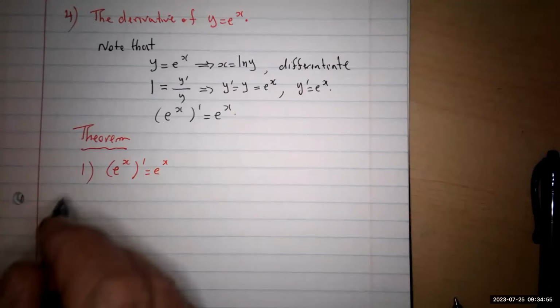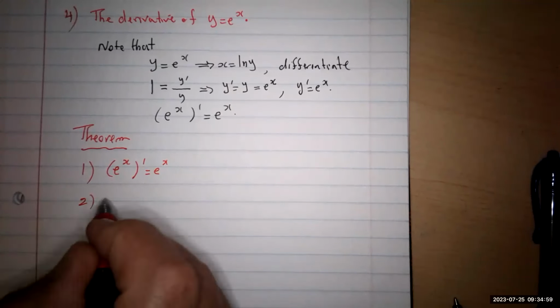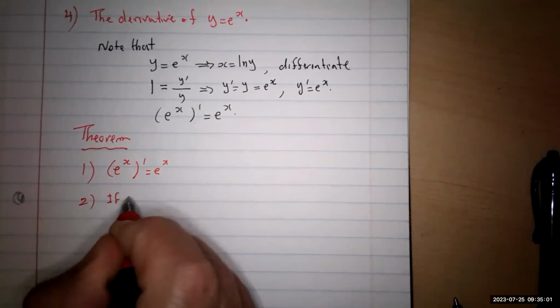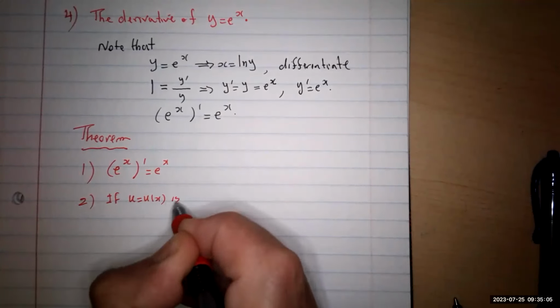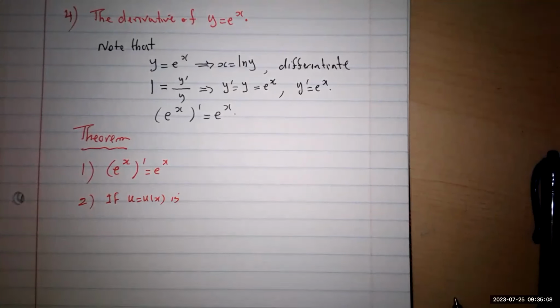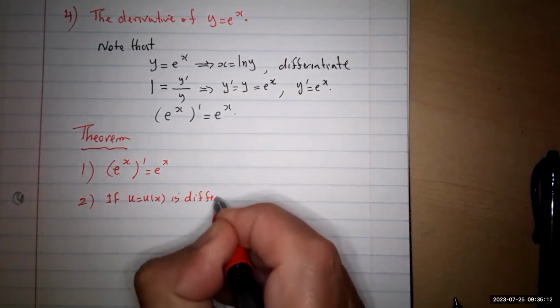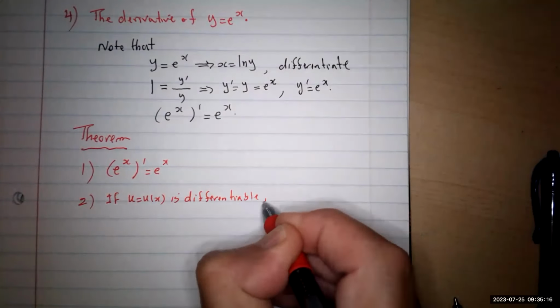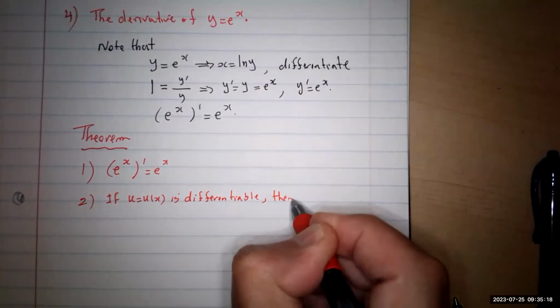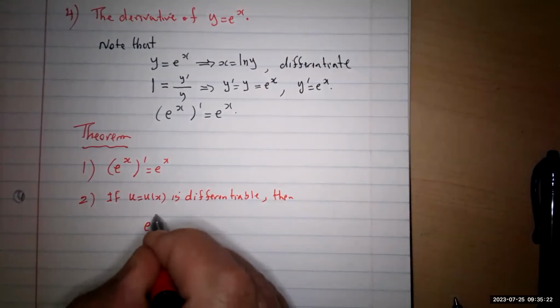Okay, but if you have a u function, as usual, if u equals u of x is differentiable, then chain rule, derivative of e to the u.